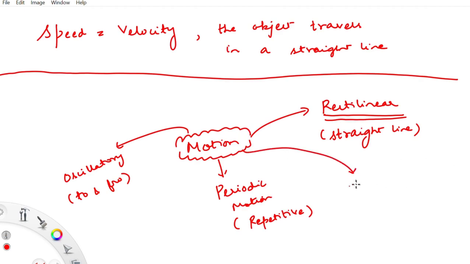Now, there are two other categorizations of motion. One is uniform motion and the other one is non-uniform motion.